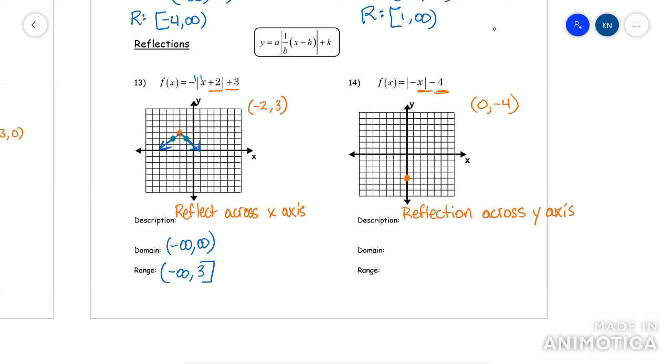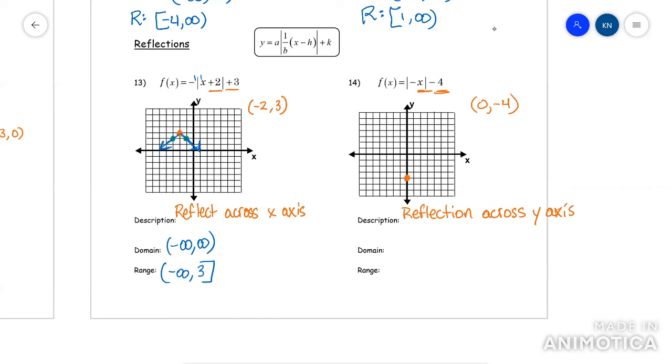Now, if you think about it, the parent function, the original, looked like this, right? Well, it's going to reflect across this y-axis, meaning this section of line is going to switch over here and vice versa. If you don't shift horizontally, like we did not in this one, it's not really going to change anything.